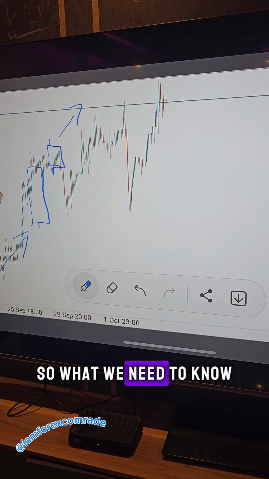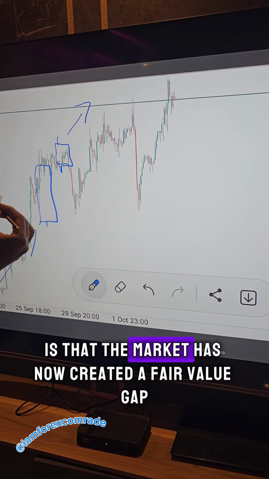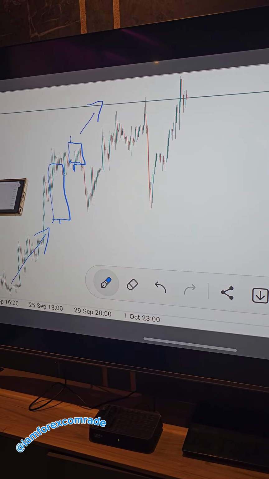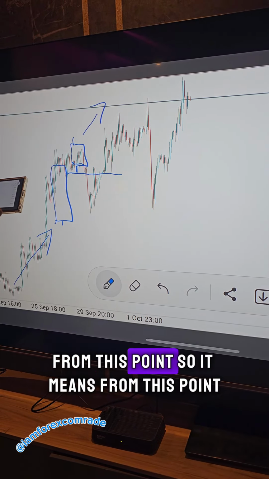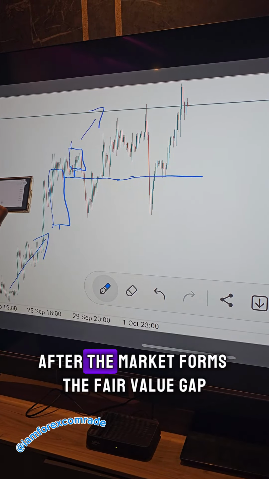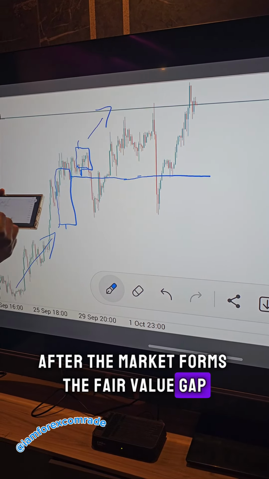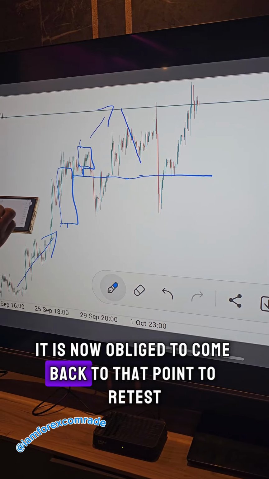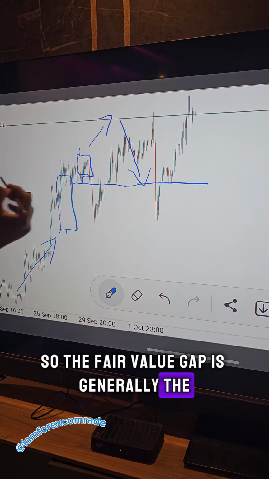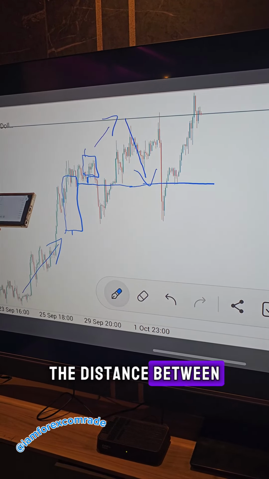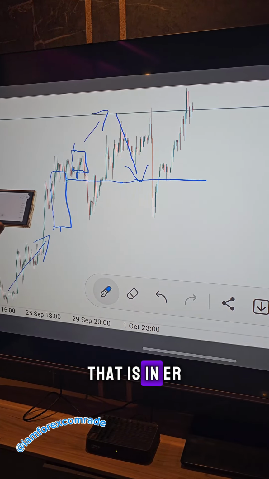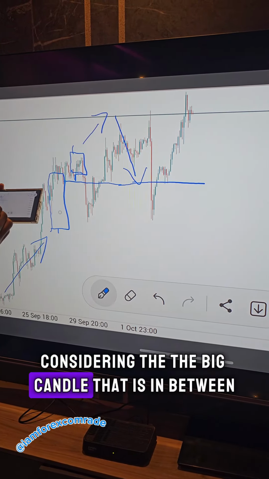So what we need to know is that the market has now created a fair value gap from this point. It means after the market forms the fair value gap, it is now obliged to come back to that point to retest. So the fair value gap is generally the distance between the third candle and the first candle, considering the big candle that is in between.